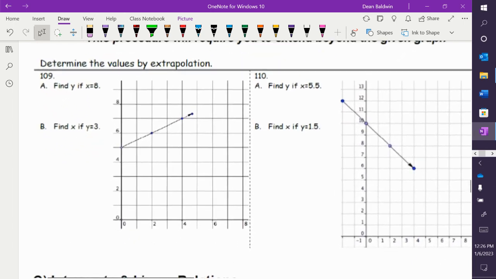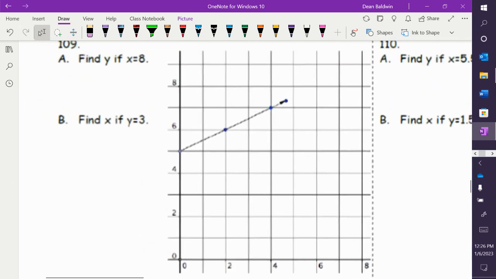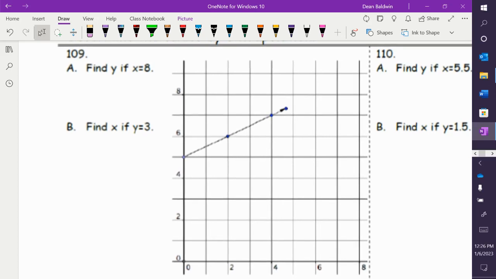Okay, so find y if x is equal to 8. Zoom in on this one. Our data ends here. X equals 8 is somewhere up here, right? So what do we have to do?